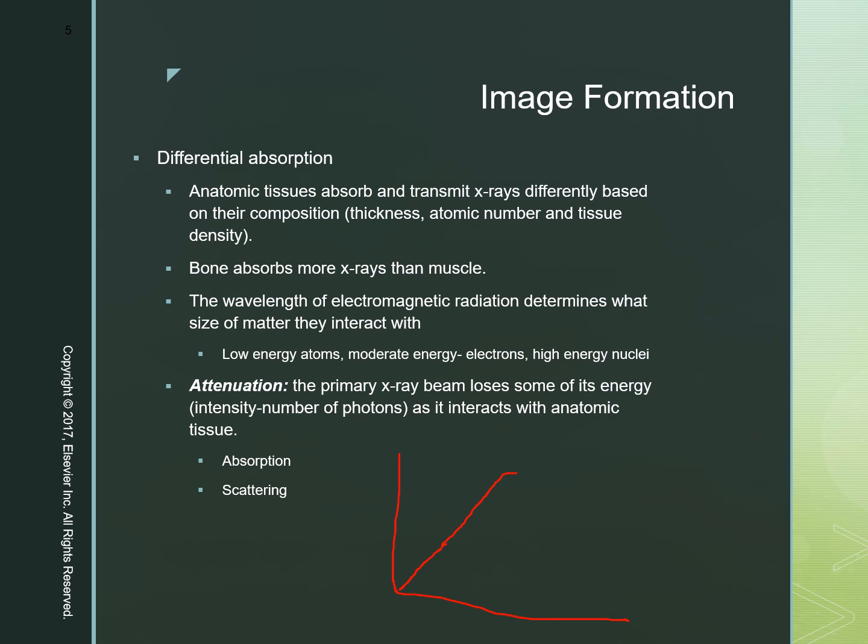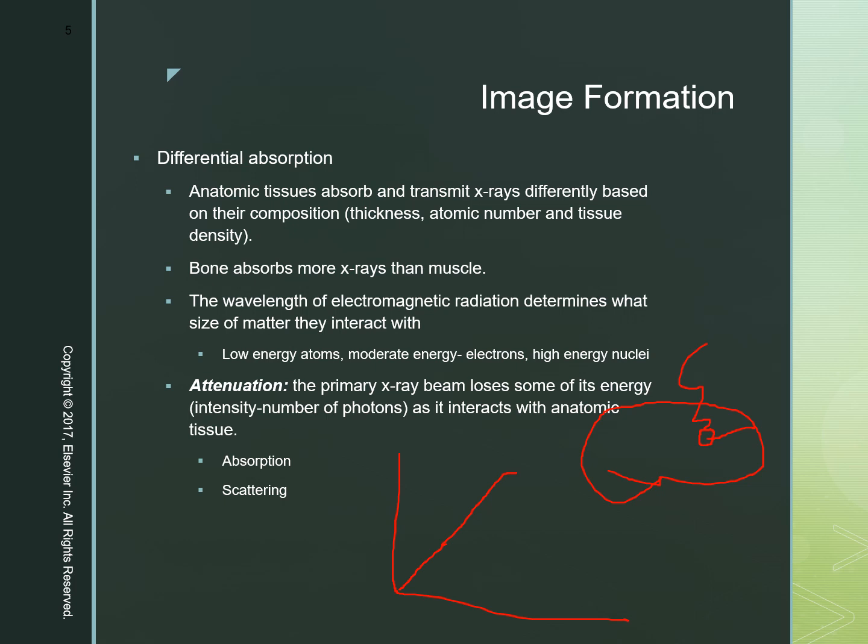The term attenuation means any reduction in the beam's intensity. So anytime that I have a photoelectric interaction inside the human body, we know that that energy is basically transferred from the incoming photon to this ejected electron, and that incoming photon is going to lose all of its energy there.